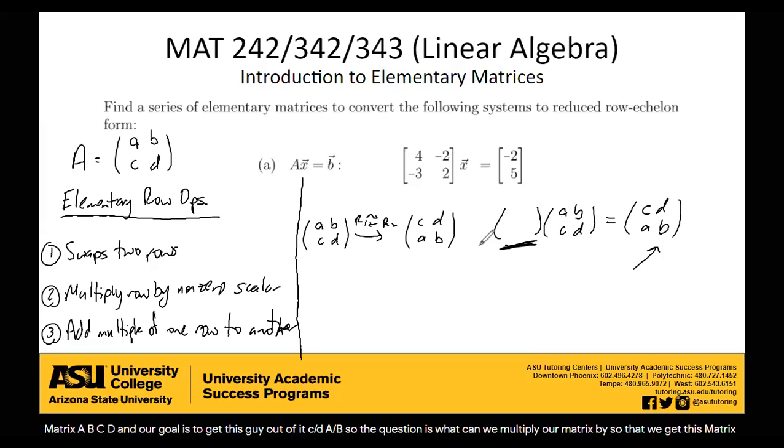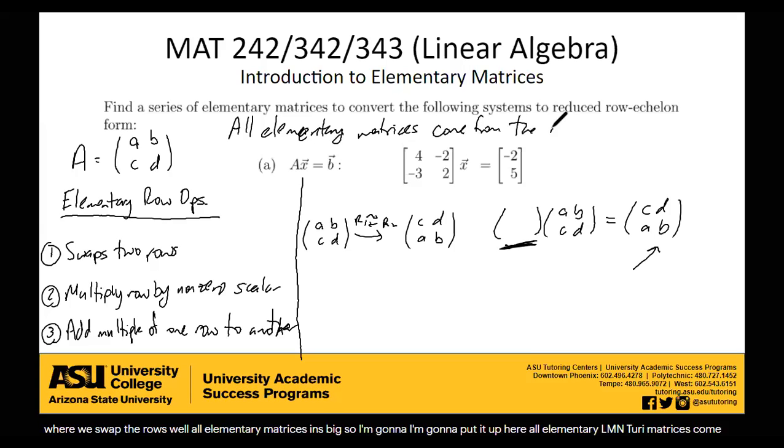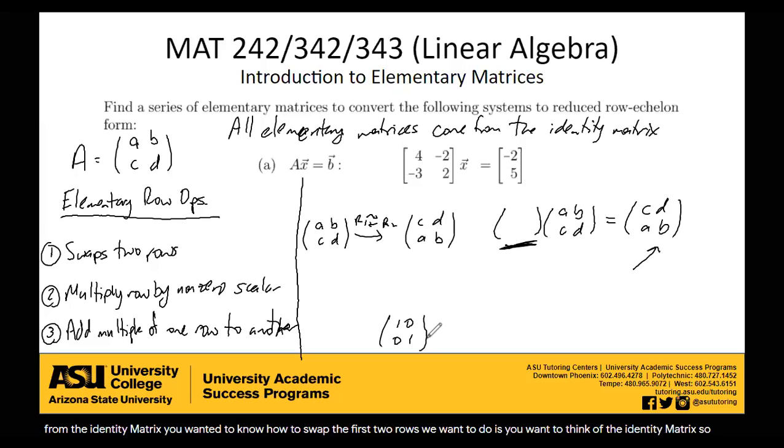Well, all elementary matrices, and this is big, so I'm going to put it up here: all elementary matrices come from the identity matrix. If you wanted to know how to swap the first two rows, you want to think of the identity matrix. Remember the 2 by 2 identity matrix looks like this: 1, 0, 0, 1. Imagine doing that operation of swapping the two rows on the identity.